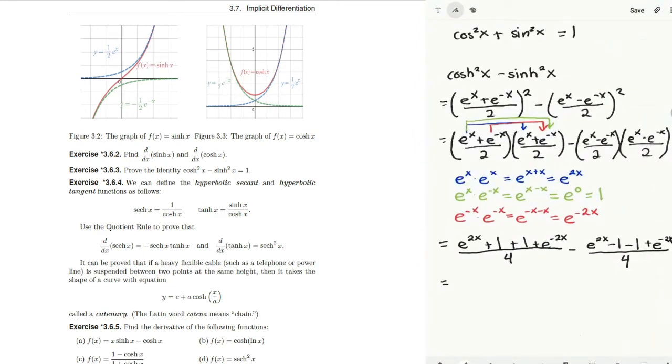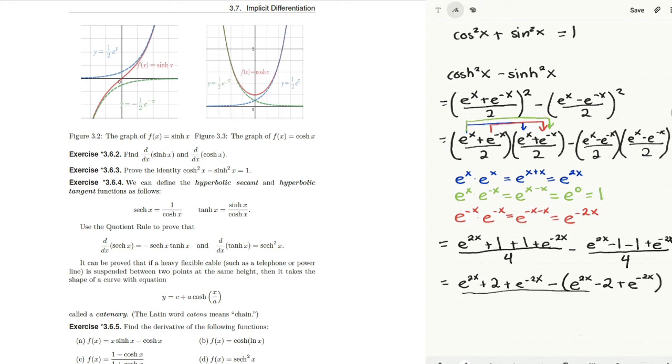So we have e to the 2x plus 2 plus e to the negative 2x, and we subtract, in brackets, e to the 2x minus 2 plus e to the negative 2x.